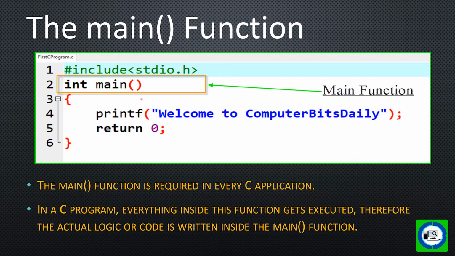This is the main function, and each program must have one main function. This is the start of the main function and this is the end of the main function. Everything in the main function gets executed. This is the logical start and this is the logical end of the function.